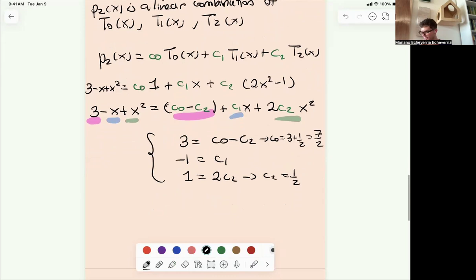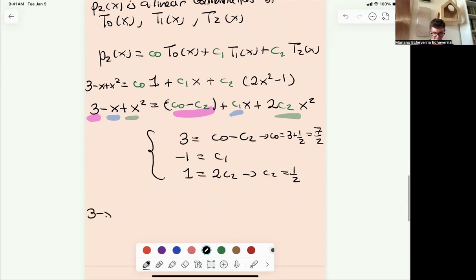So what that's saying, and you can double check it, is that 3 minus x plus x squared is 7/2 times the first Chebyshev polynomial plus C1, which is -1, times the Chebyshev polynomial of degree 1, plus 1/2 times the Chebyshev polynomial of degree 2, which was 2x squared minus 1.